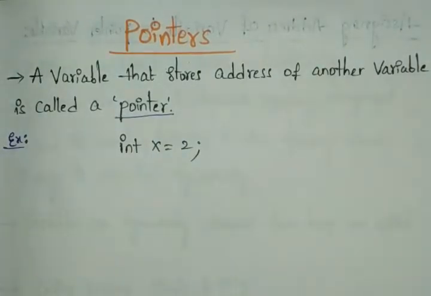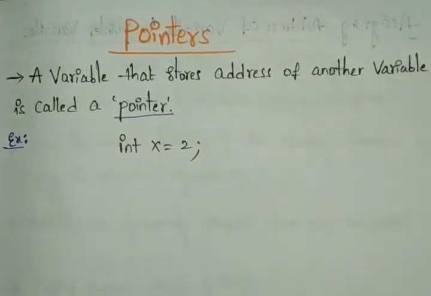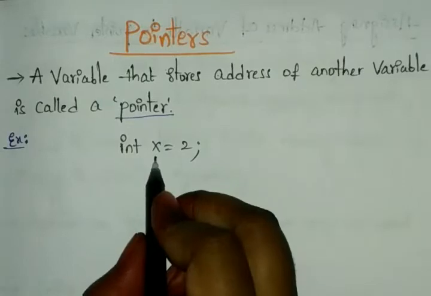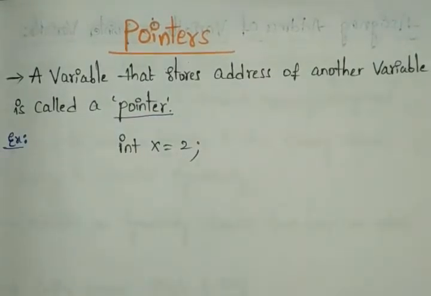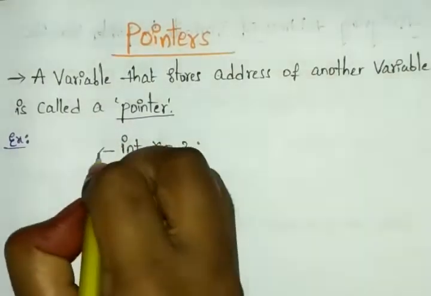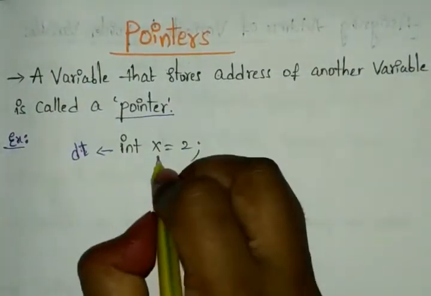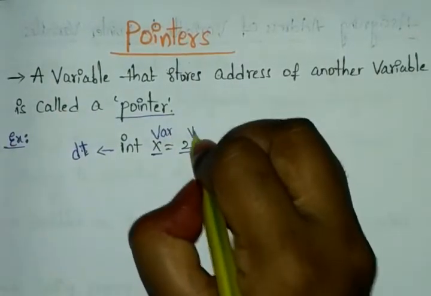For example, I'm taking int x = 2. Here int is our data type, x is the variable, and 2 is the value.